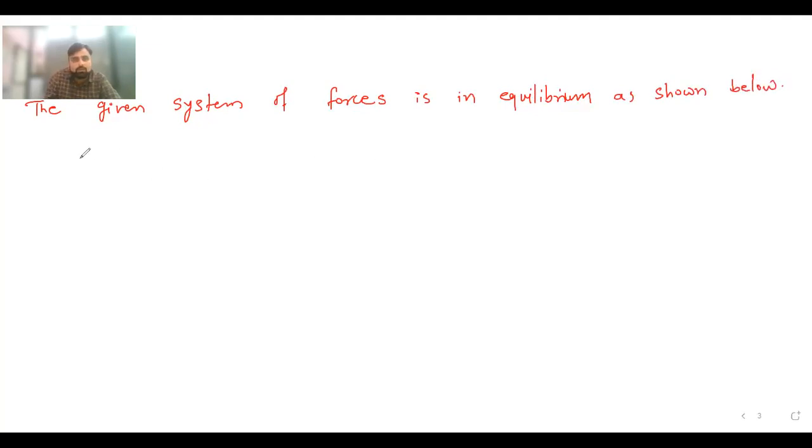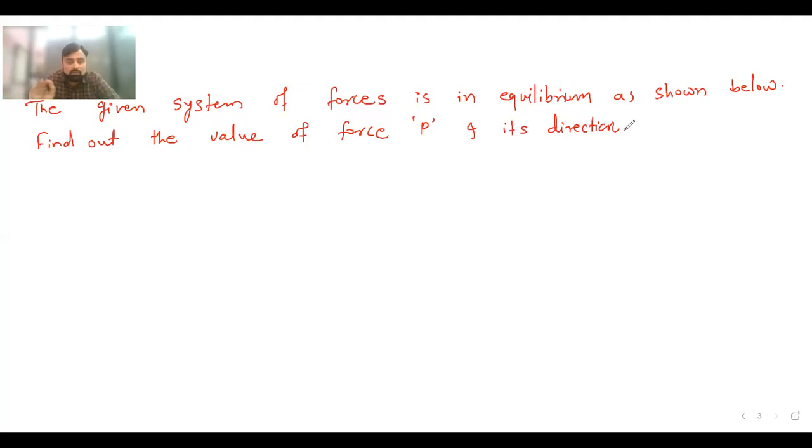Find out the value of force P and its direction. The word direction is always used for the angle. Direction means what? We are finding out the angle.